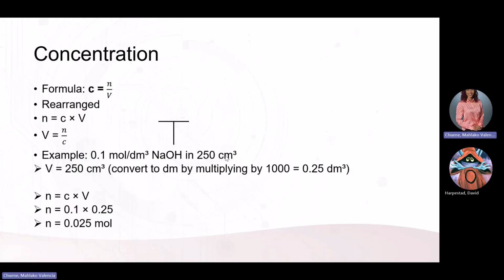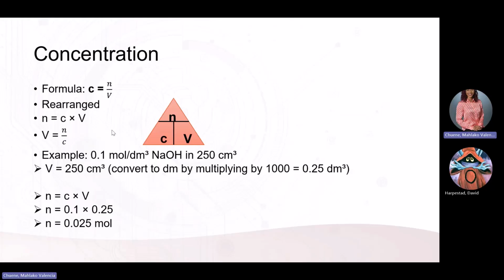Now when you rearrange this formula, you are going to have a triangle like this. So this is how you're going to visualize everything. Whenever there are three elements that you are calculating, you need to know concentration equals number of moles divided by volume.